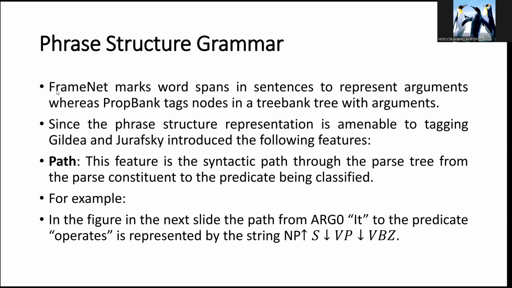The researchers of this phrase structure grammar, Gildea and Jurafsky, introduced different types of features and properties for constructing a phrase structure grammar. One of the features is the path.